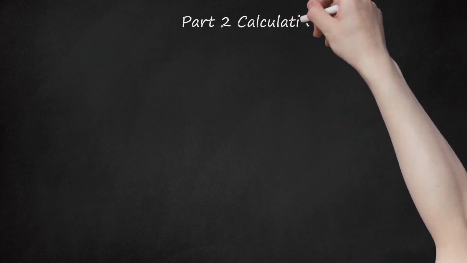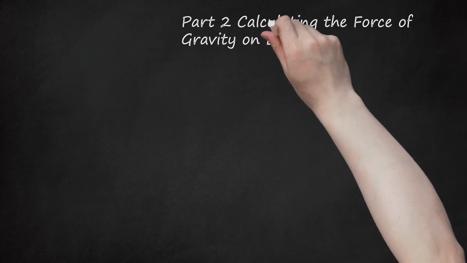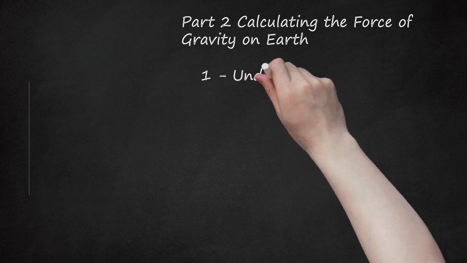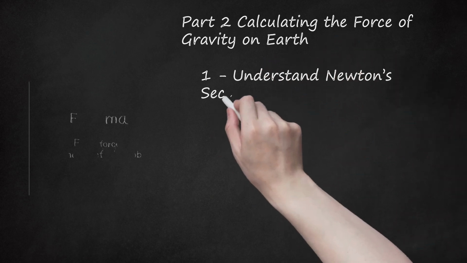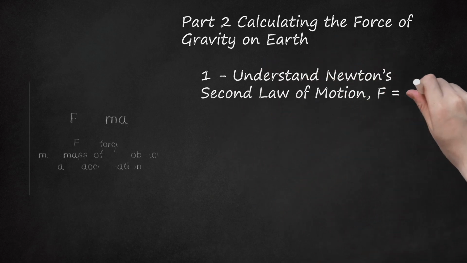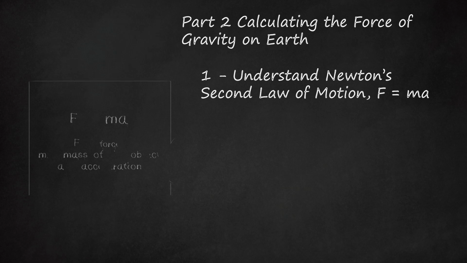Part 2. Calculating the force of gravity on Earth. 1. Understand Newton's second law of motion, F equals ma. Newton's second law of motion states that any object will accelerate when acted upon by a net or unbalanced force.